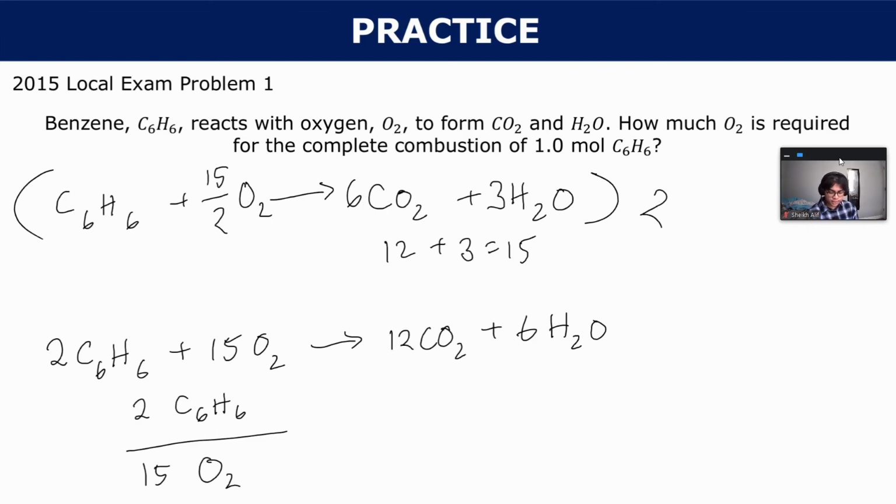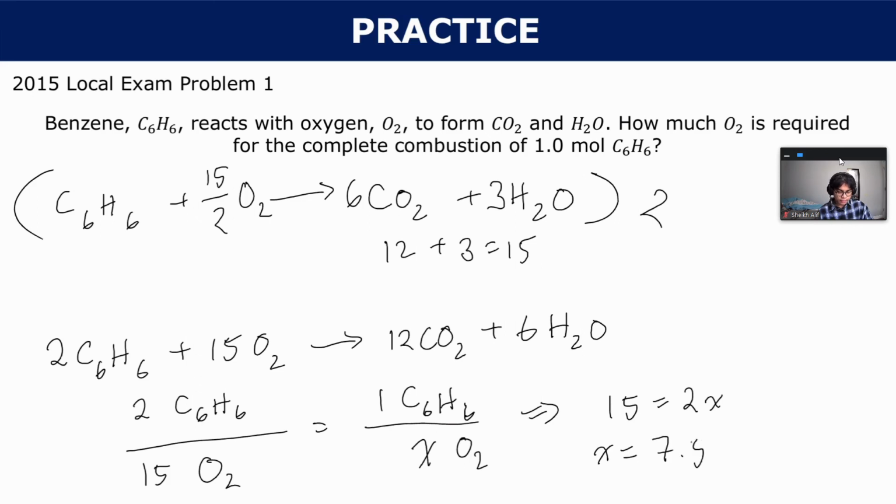But we are asked to find how much O2 is required for 1 mole benzene. We can just set that as a math equation: x O2 for 1 benzene, 15 equals 2x, x is going to equal 7.5. So you need 7.5 moles of O2 to completely combust with 1 mole of benzene.